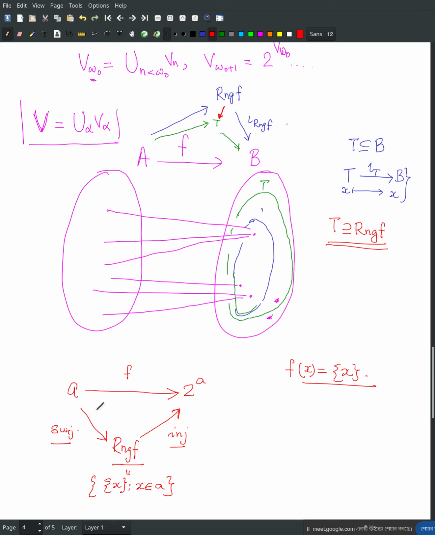So this is telling me that this function, which is coming from this factorization, is not only injective but bijective. So there is a copy of the set A already sitting inside the set of subsets of A.